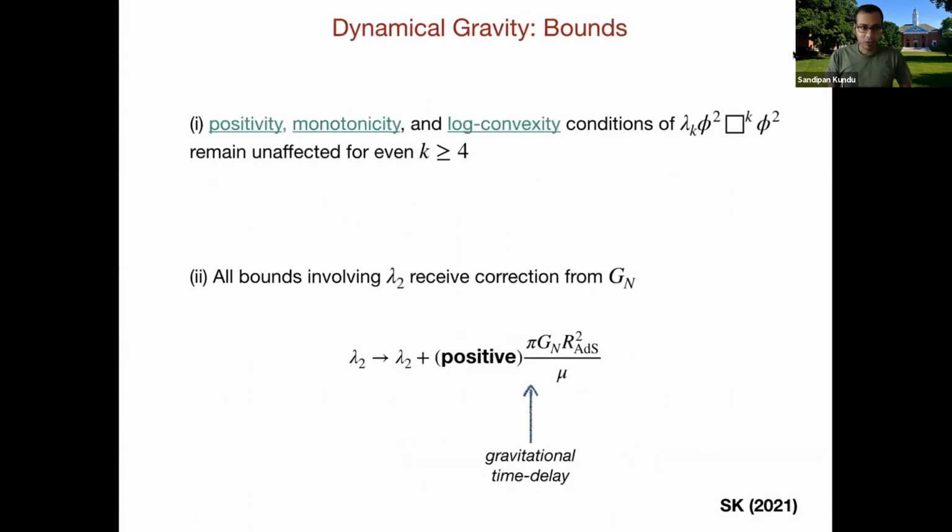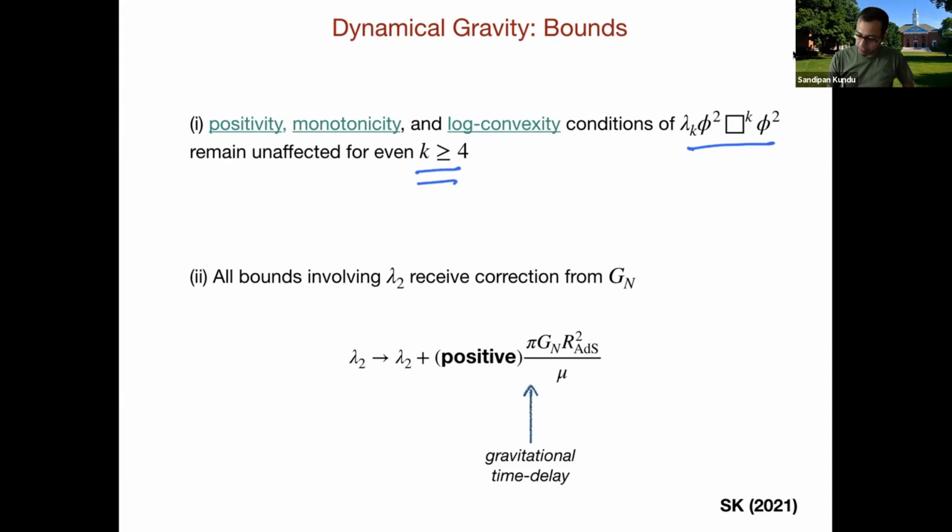So that means the positivity, monotonicity, and log convexity conditions for these interactions remain valid for k greater than or equal to 4. They remain unchanged. They are exactly the same as before. They don't care whether there is dynamical gravity or not.